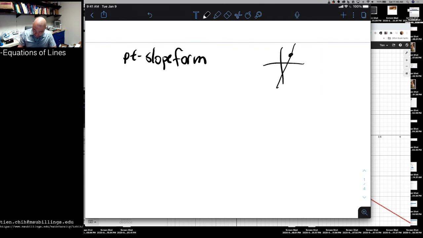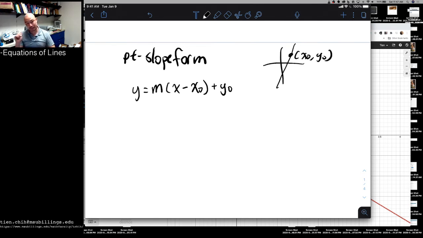And so the point slope form has the form y equals m times x minus x naught plus y naught, where x naught and y naught are some arbitrary point in the space that lies on this line.